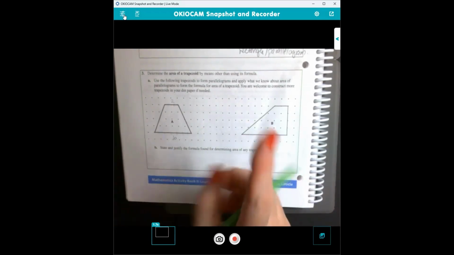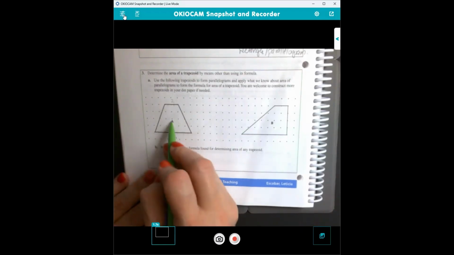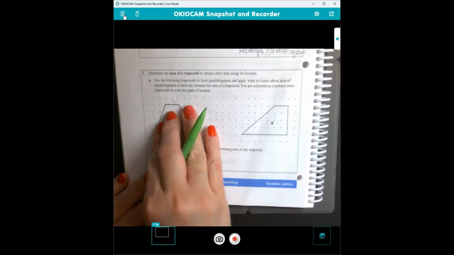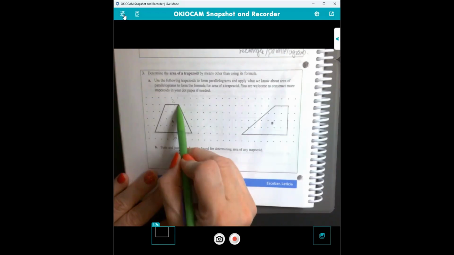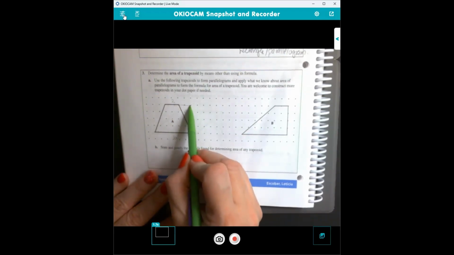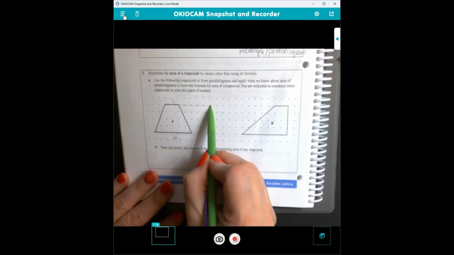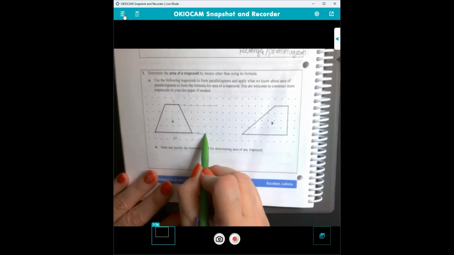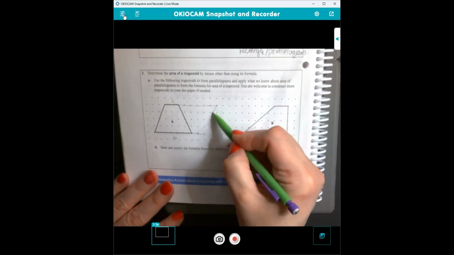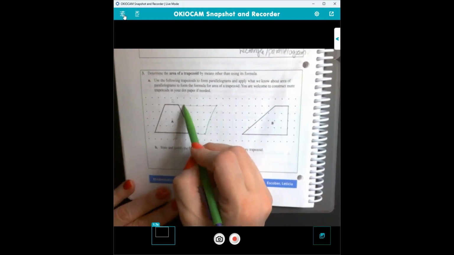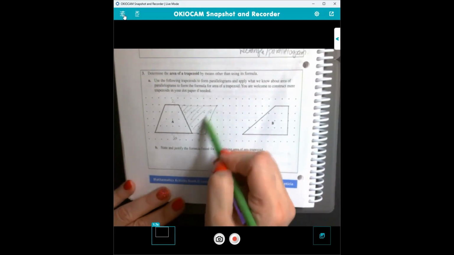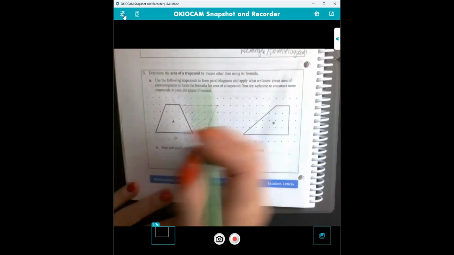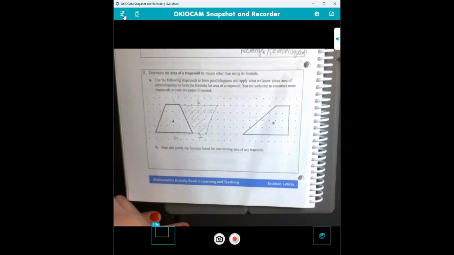So step 1 basically is you're going to copy the trapezoid given, and then you're going to flip it. So you form a parallelogram. And then you're going to connect those dots. So as you see, this is this one flipped over. Because now I have 6 here on the top and 2 here on the bottom.